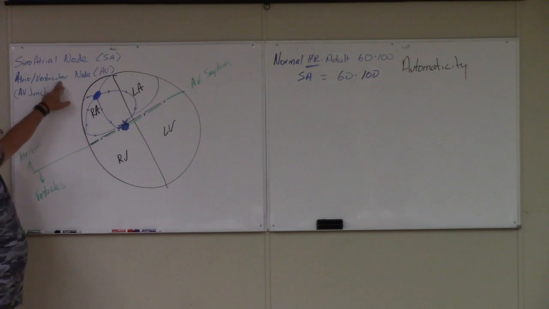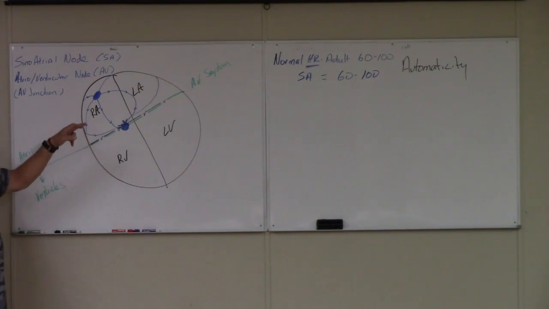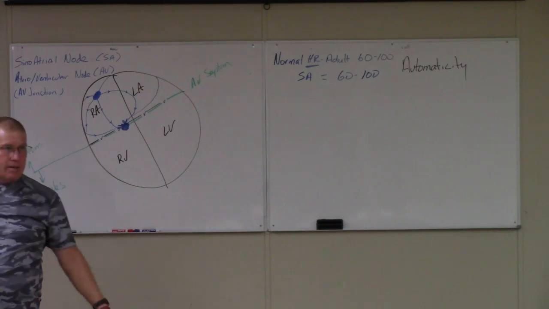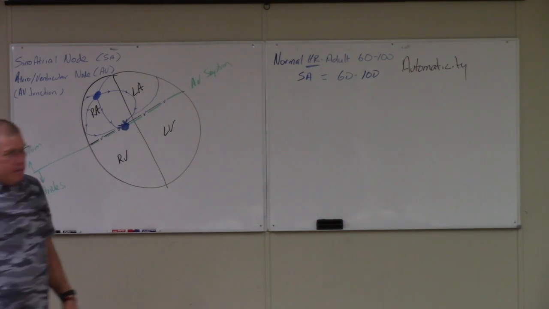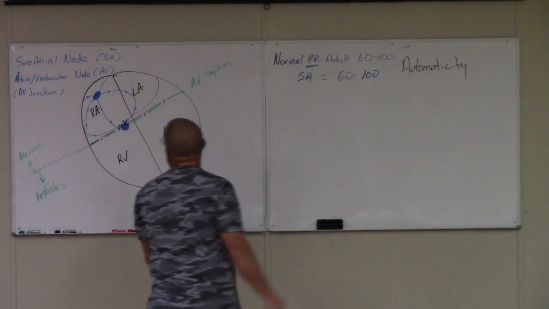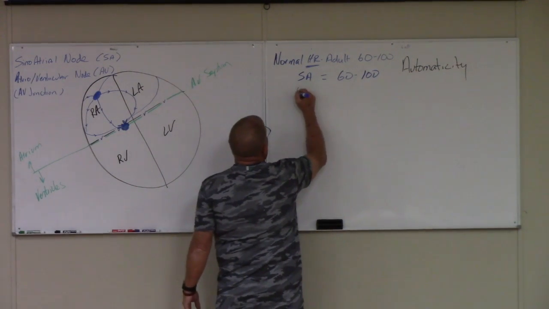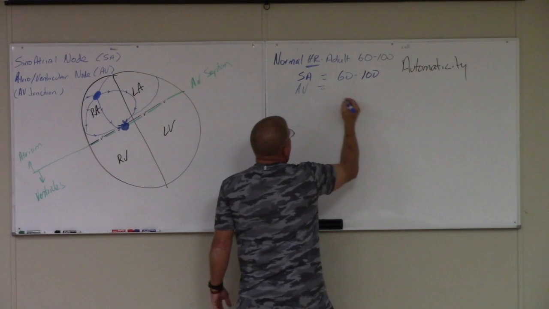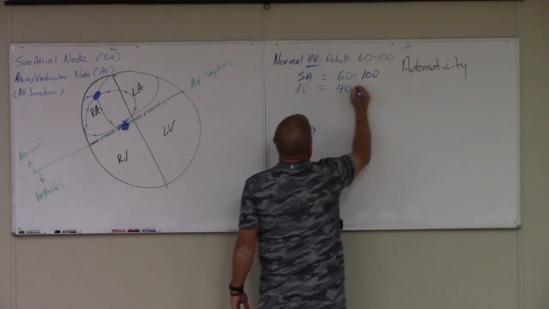The AV node is called a pacemaker site, S-I-T-E. Okay? And it has an inherent heart rate of 40 to 60.